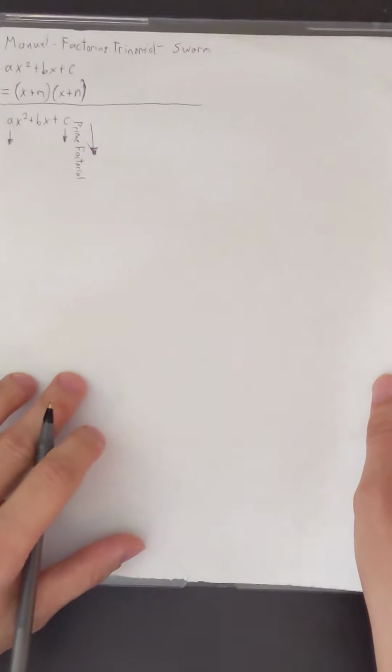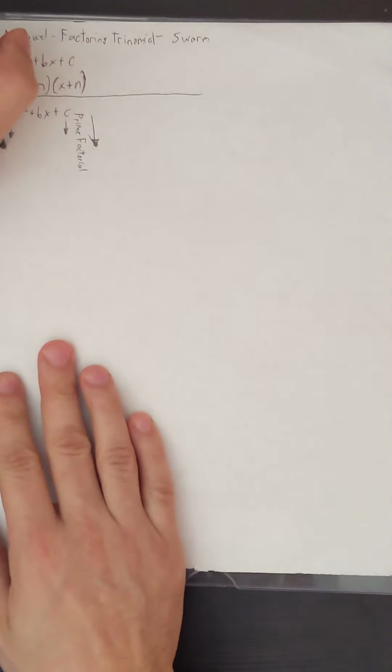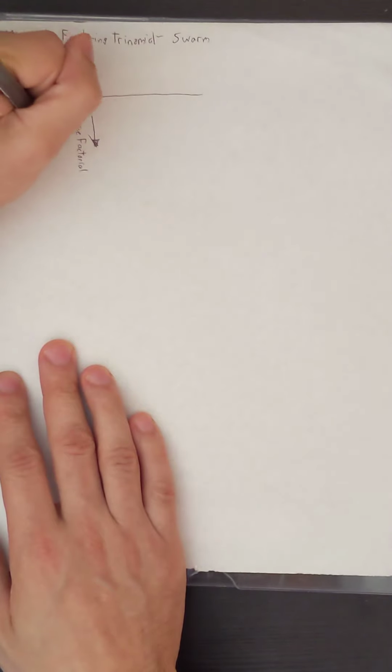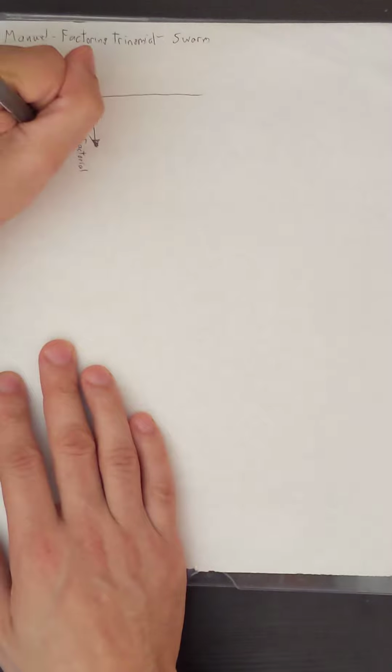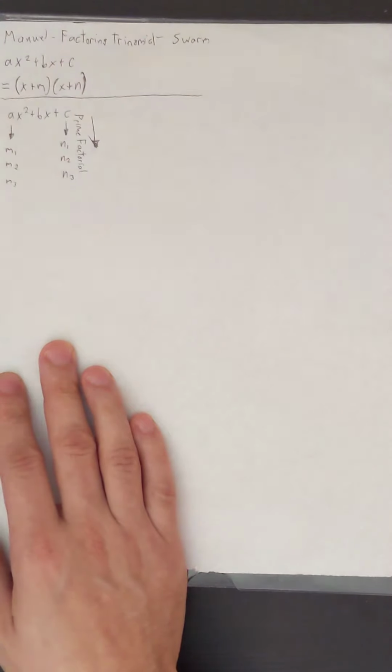Because I don't know these variables right now, I'm just going to put some arbitrary variables. So we'll call them m's and n's: m1, m2, m3, and then n1, n2, n3, or I could call them a1, a2, a3, I don't know.